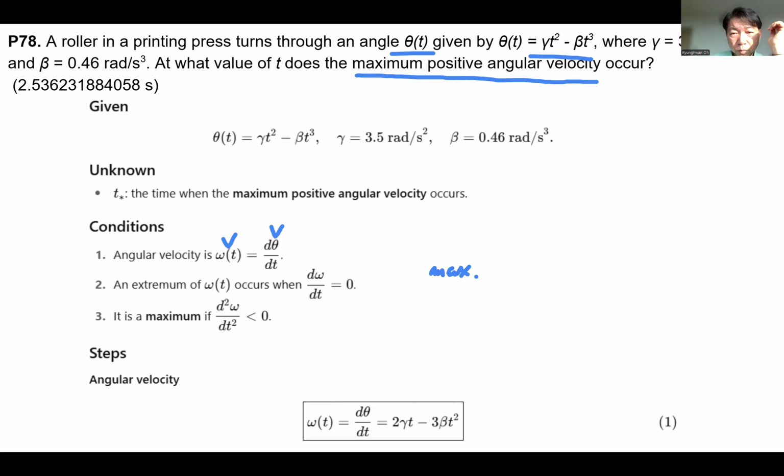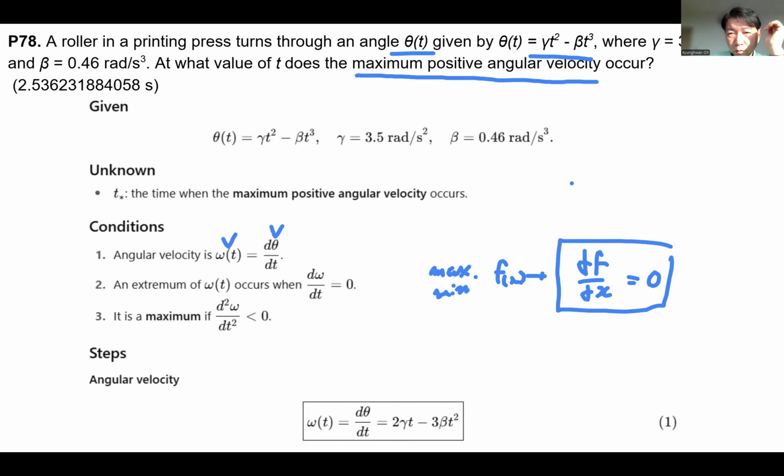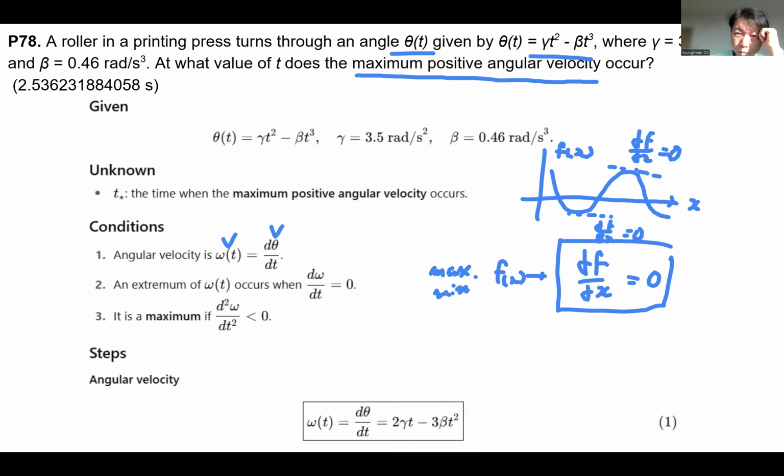The maximum or minimum of a function f can be found by df/dx = 0. Let's assume this is the graph of x versus f(x). In this case, you get df/dx = 0, same as here, df/dx = 0.